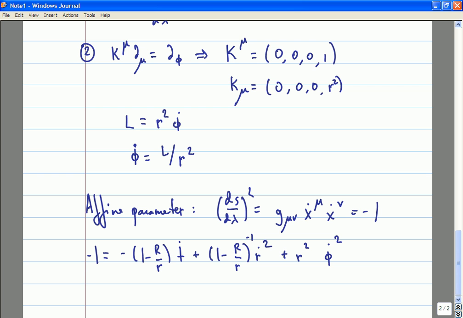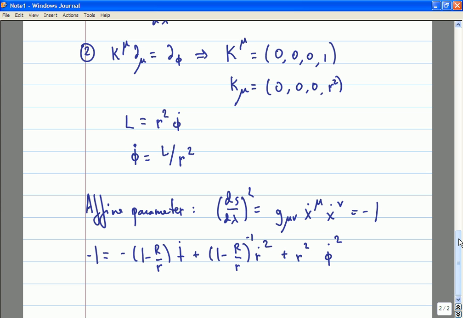So we see that the equation for the affine parameter is a first-order differential equation for r, t, and phi. But we have just used Noether's theorem to show that r dot and phi dot can be solved for in terms of r using constants of motion.